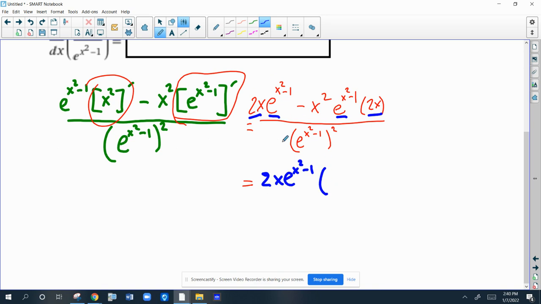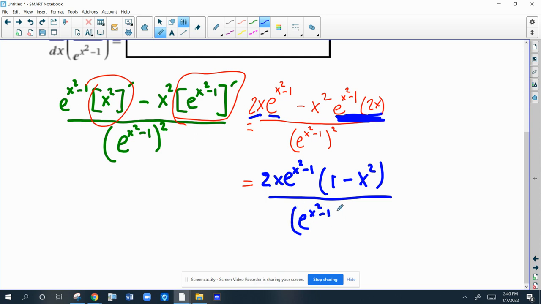And then write what's left over. So the first term, we're left over with a 1. The whole thing factored out. Second term, these two factors factored out, so you're left with x squared. That was it, over e to the x squared minus 1 squared.